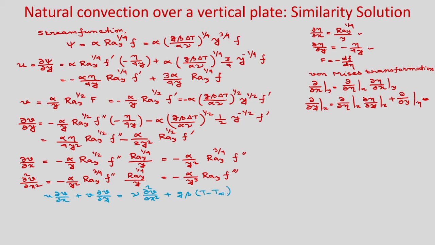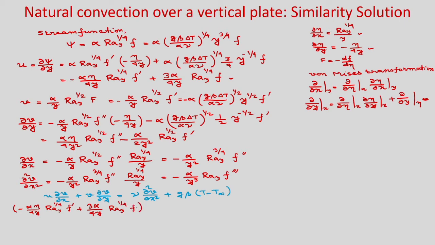Now, if you put the values here, first u. So, this is your u: minus alpha eta by 4 y Rayleigh number to the power 1 by 4 f prime plus 3 alpha by 4 y Rayleigh number to the power 1 by 4 f. So, this is your u.